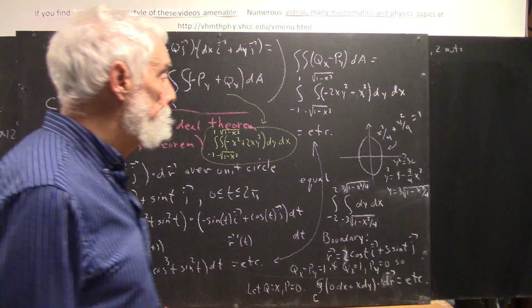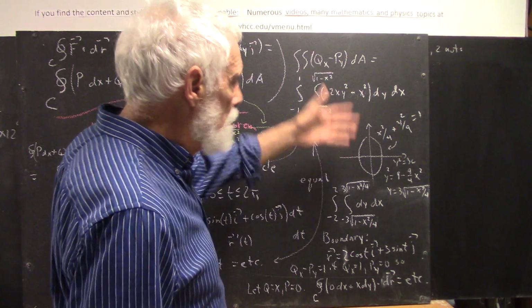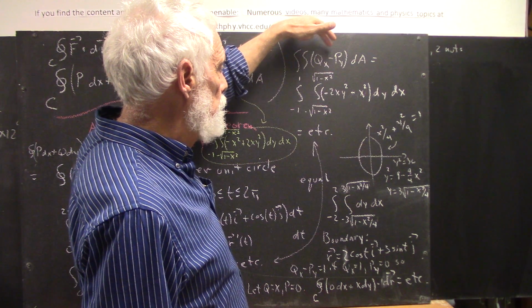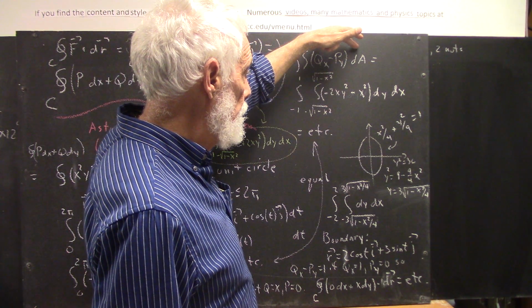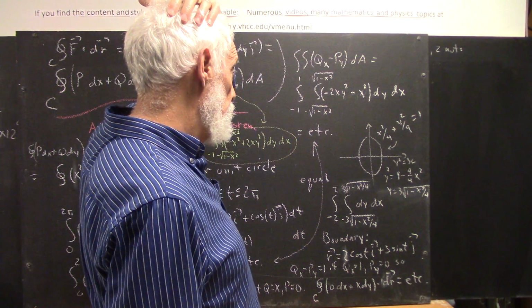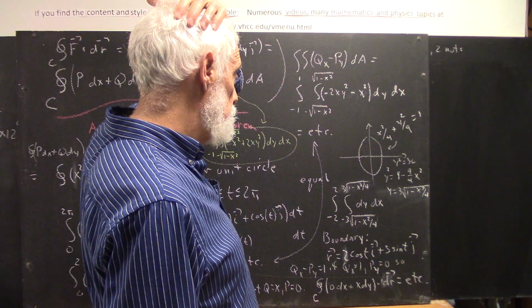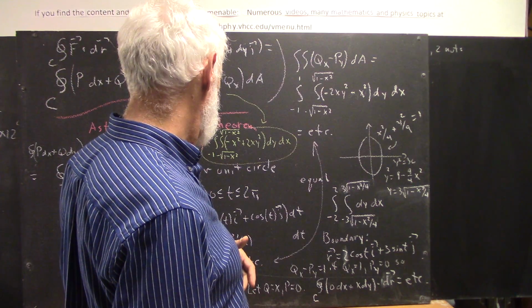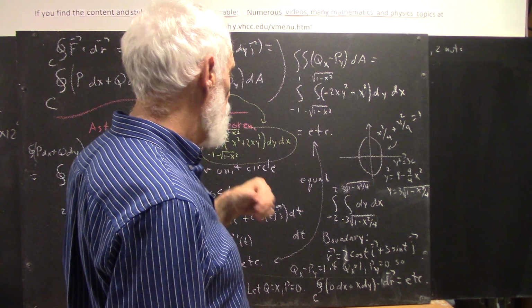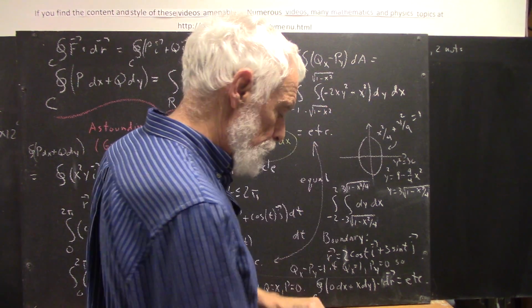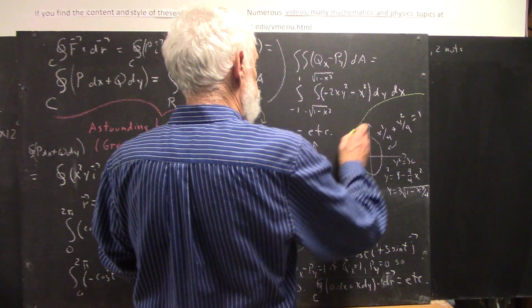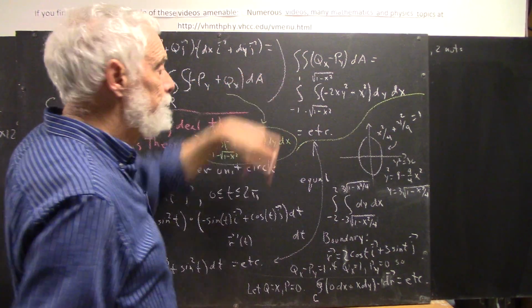Now, and we'll do this in another video, we're going to do the double integral of Q_x minus P_y dA for, well, you know what? I thought that this was associated with this, so I just wrote this out, but right here it is.